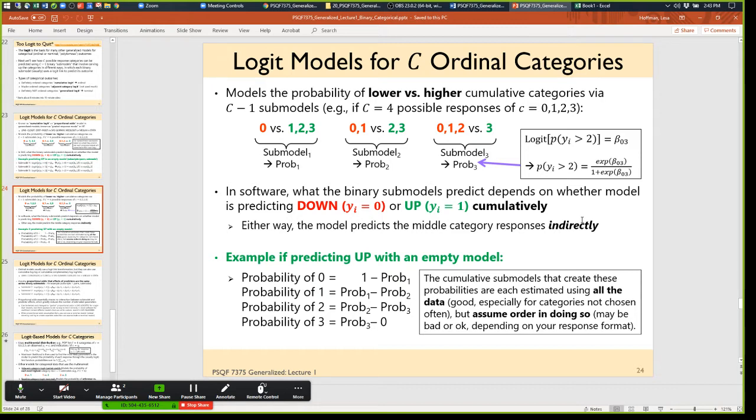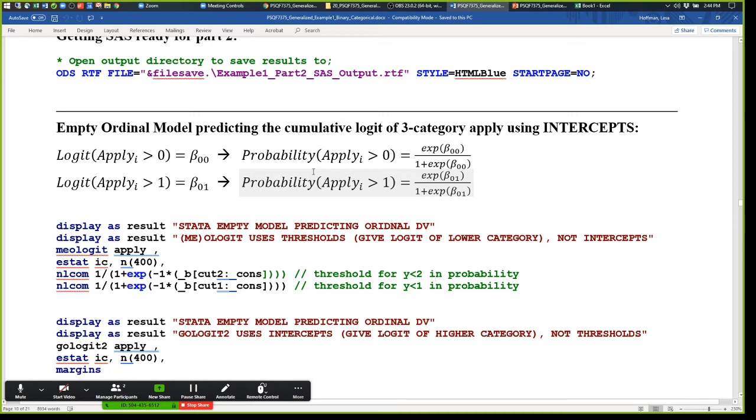Models that are phrased in thresholds are logically inconsistent. The intercept-like parameter gives you the logit of the lower category when all the predictors are 0, but then the slopes after that predict the green instead. So if you want to put it back together, it's -1 times the threshold at the beginning of the model plus all the slopes. I don't like that. That drives me nuts.